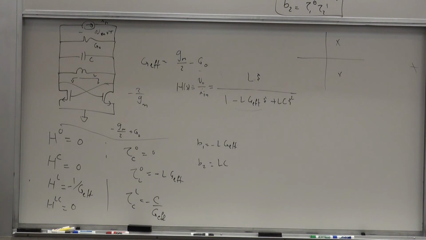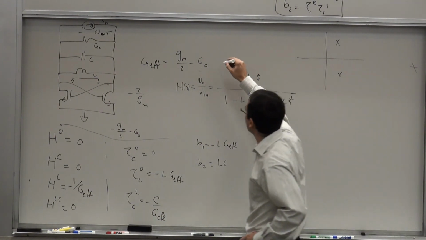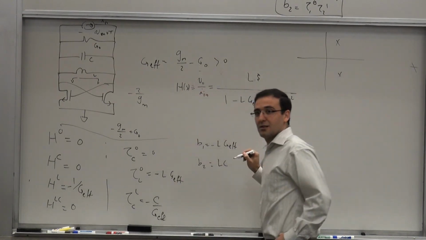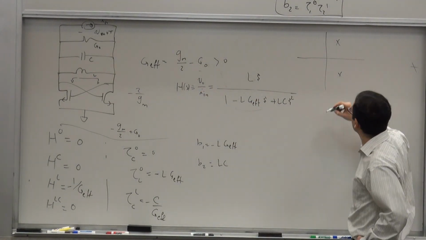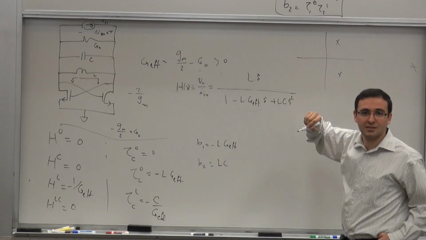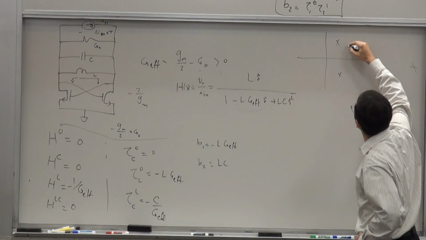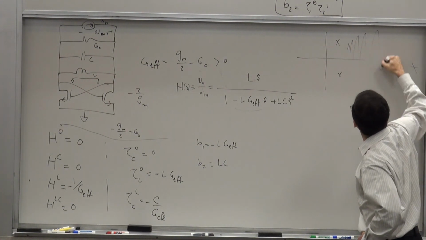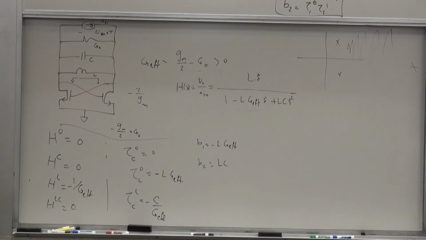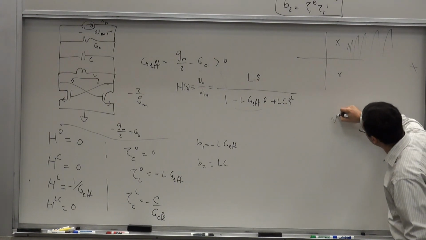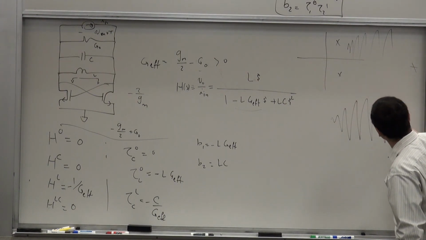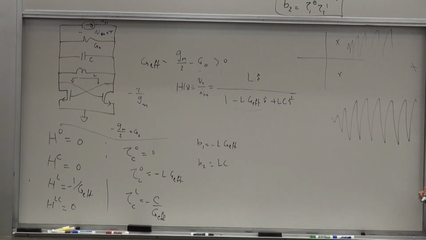What does it mean? It means that if this condition holds, basically if G effective is greater than 0, the step response of this, or impulse response of it, is a growing exponential. What have we made? An oscillator. And of course it won't grow forever, because at some point the nonlinearity will kick in and keep it constant.